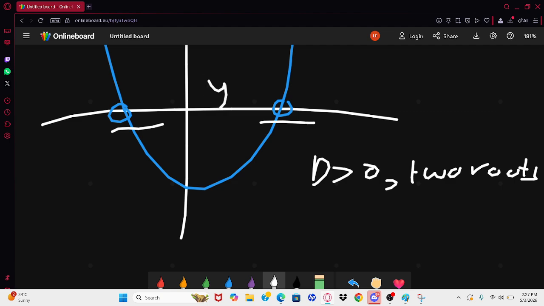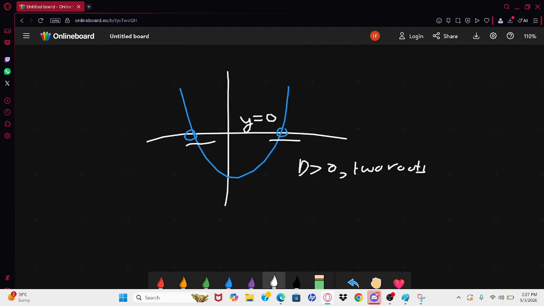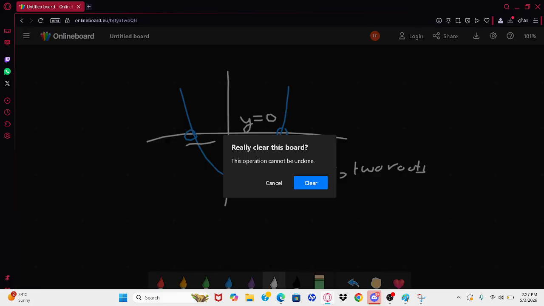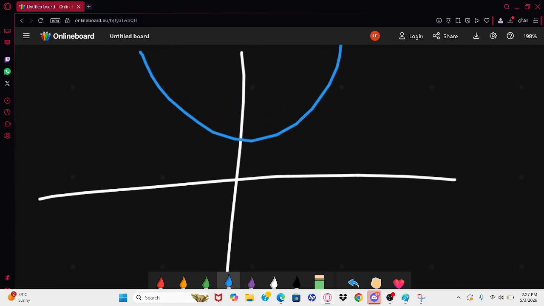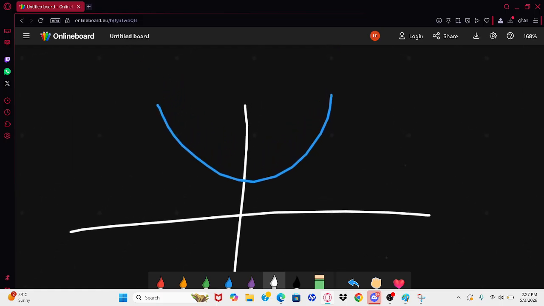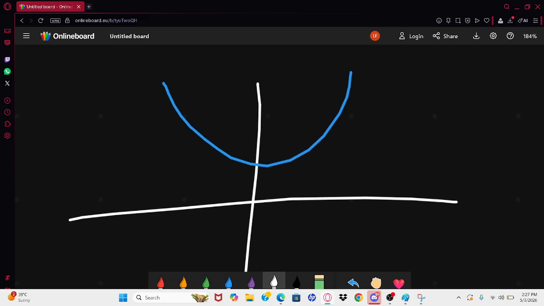And if your discriminant is less than 0, it will not intersect with the x-axis. The reason for this is that there is no value of x for which y equals 0. That's when your discriminant is negative, or less than 0, and the graph will not touch the x-axis.